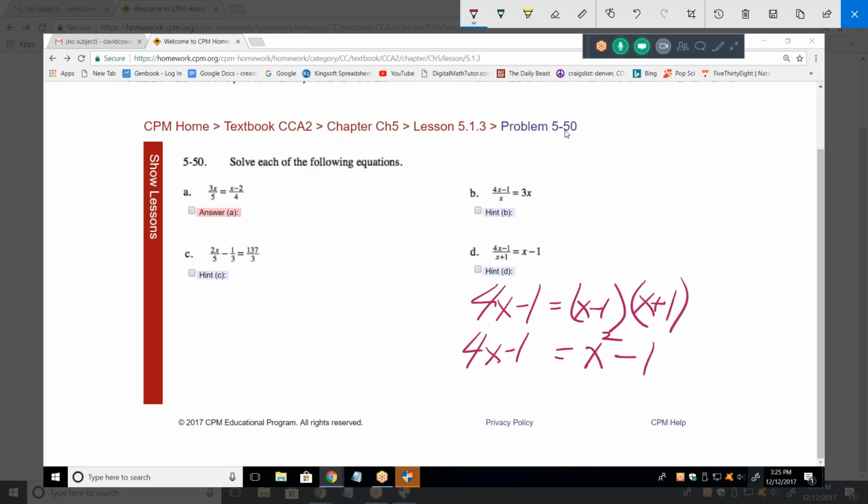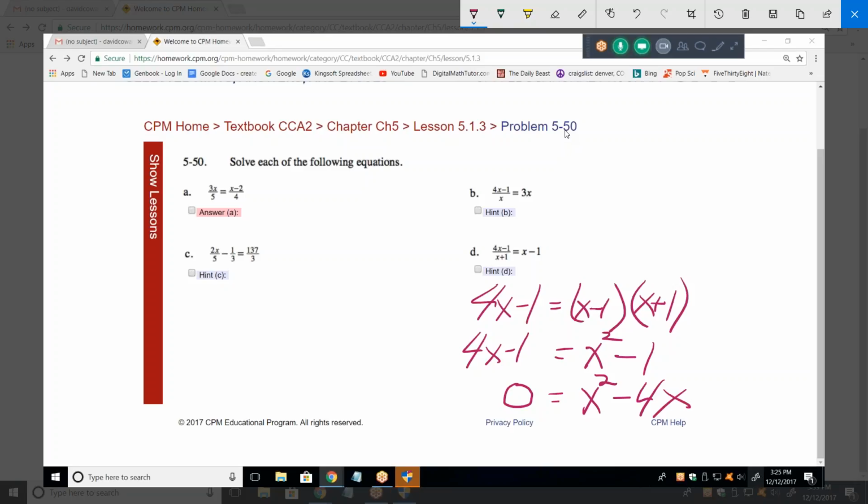So now you subtract 4x and add 1. Giving me what? So now you get 0 is equal to x squared minus 4x.